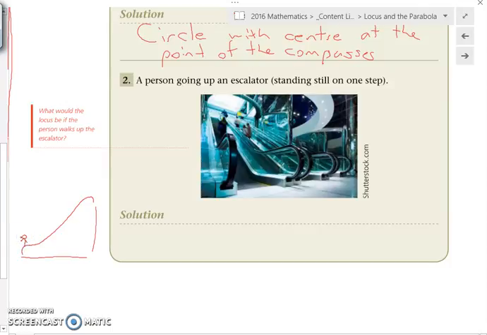What would it be? Don't try and go mathematical on us. At the moment, we're not trying to go all mathematical. Just describe what the locus would be. Would it be a circle? Okay. Would it be a wiggly line?